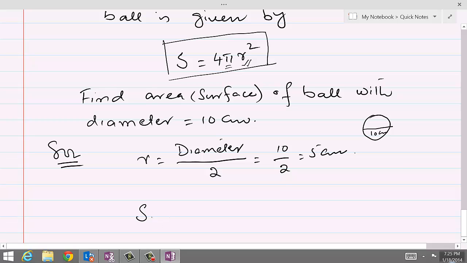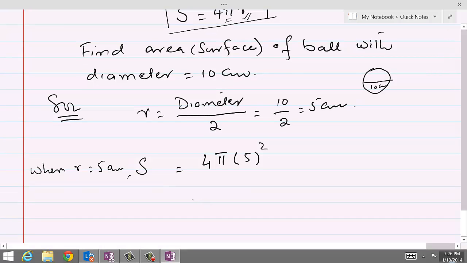Surface area when r is equal to 5 centimeter, surface area is equal to 4 pi, and instead of r now we can substitute 5 square, that is the value of r.